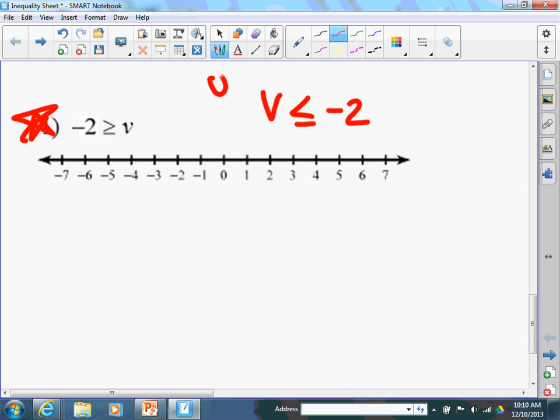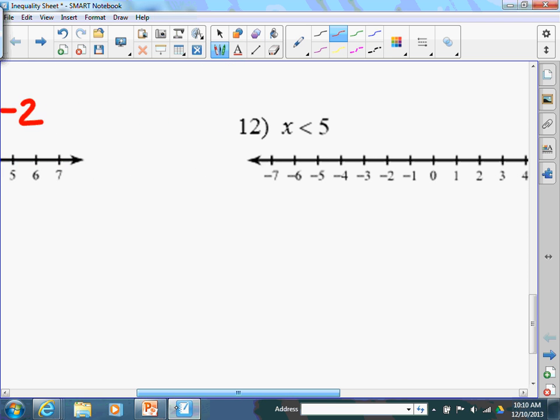Now, this is the one I look at to do my problem. Is there a negative in front of the variable or beneath the variable? Okay, so I need to graph. All right. What number do I go to? Open circle or closed circle? And now you shade the same way the nose is pointing.